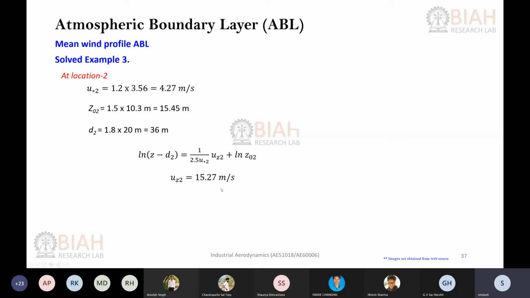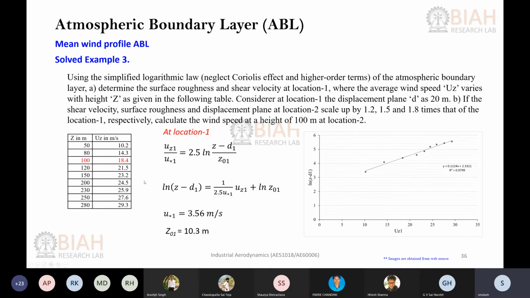Now one thing you can see here: the velocity at location 2 corresponding to 100 meter is 15.27, and at location 1 it is 18.4. At location 2 the velocity value is smaller, and that is because you have a higher roughness element.